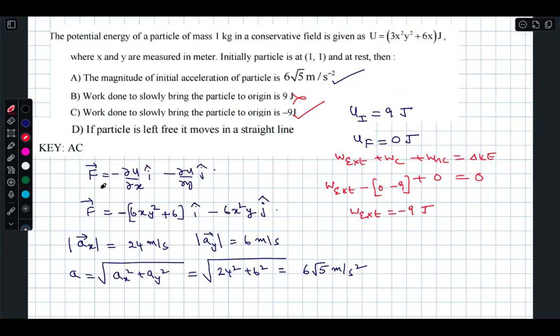So it won't go in a straight line path. It may be some curved path if the particle is left free. When will it go straight line path? I will explain. If it is simply Ax constant, Ay constant, it goes in a straight line path. Right. Any doubt? Boys and girls?